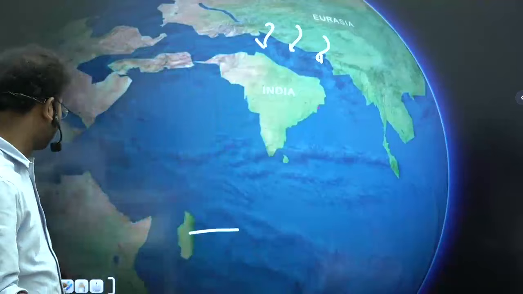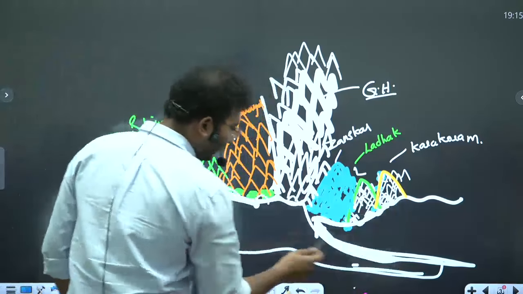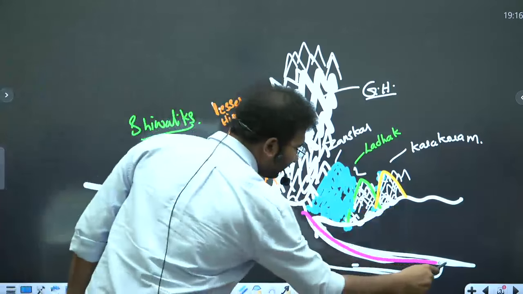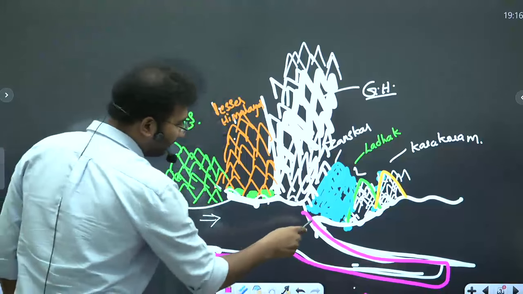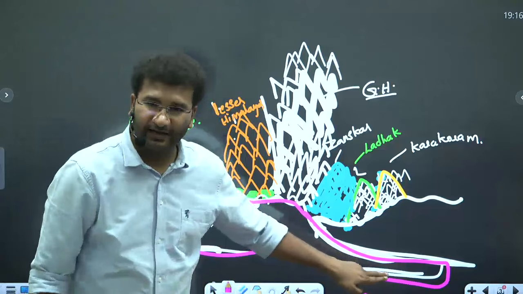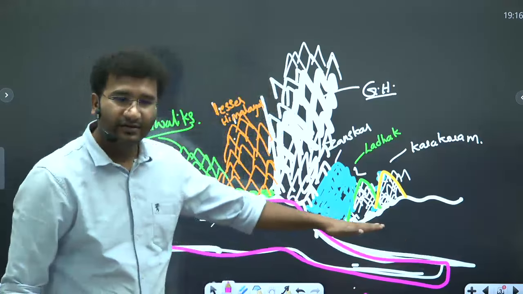Right? So in totality, when you look today, look here, this part of the area which is also the plate of, this pink color plate is nothing but the Indian plate, and it is present beneath the Eurasian plate.